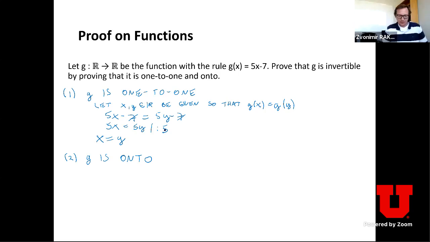Okay, so now we have to do the onto proof.